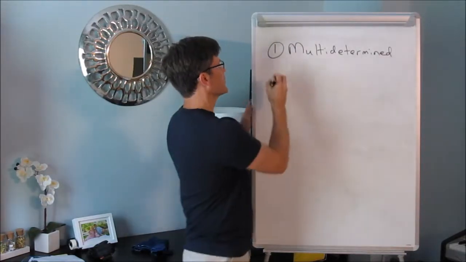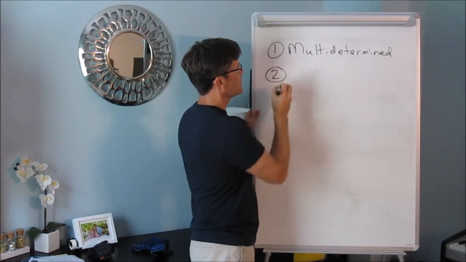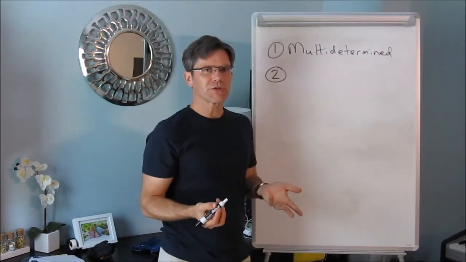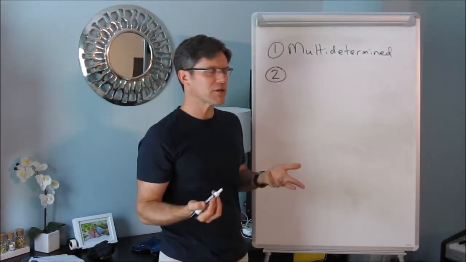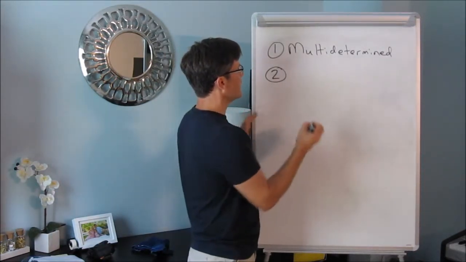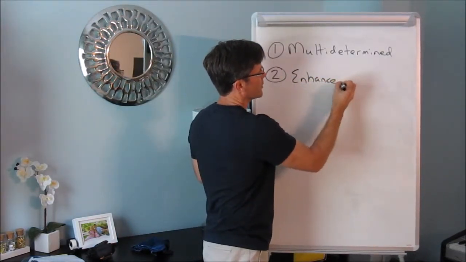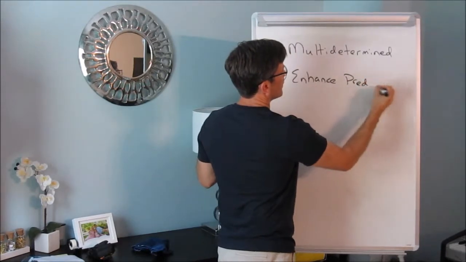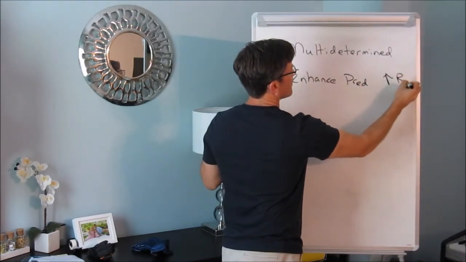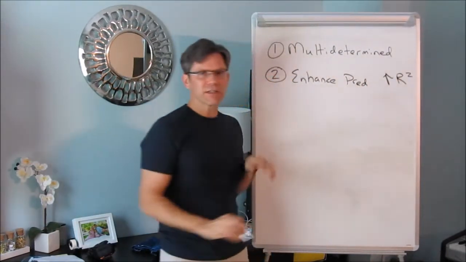Related to that is that when we bring more predictors into the model, predictors that are informative about the outcome, then we can enhance our predictions. So we can make our predictions better. We can drive up our model R-squared, the explained variance in the outcome.